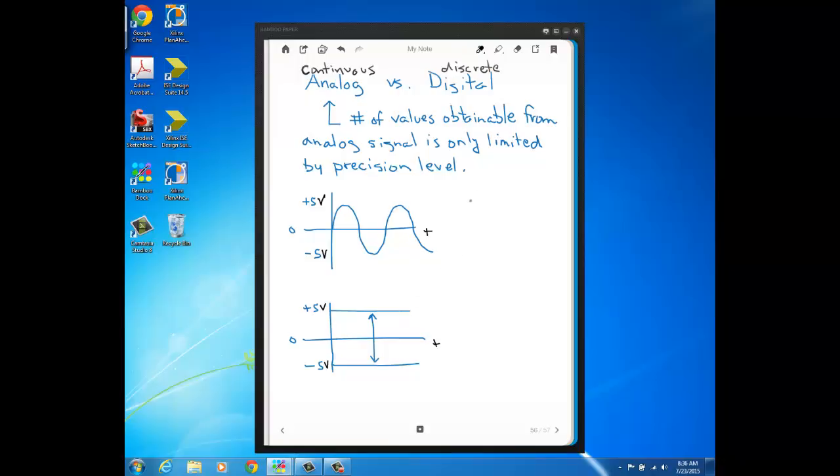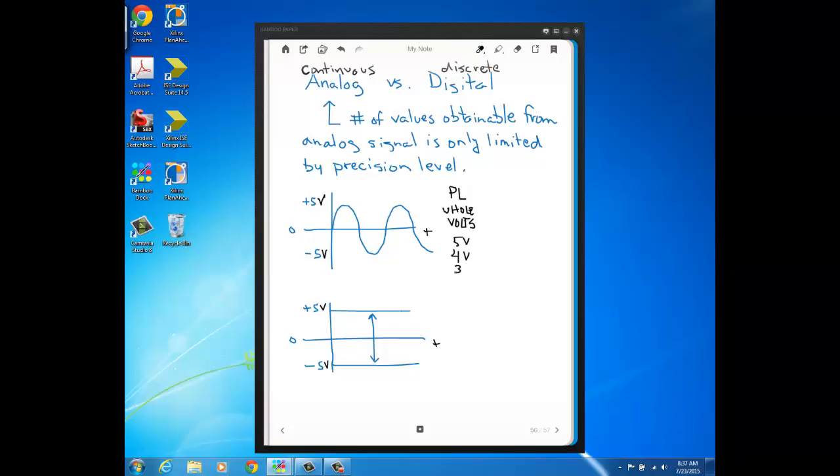Now, what this definition means is that if my precision level, let's say I'm in a lab and I have a voltmeter that will only display whole volts. So if my precision level is whole volts, I don't have decimal places, well, then the number of values that I could obtain from either one of these analog signals would be all whole volt amounts.